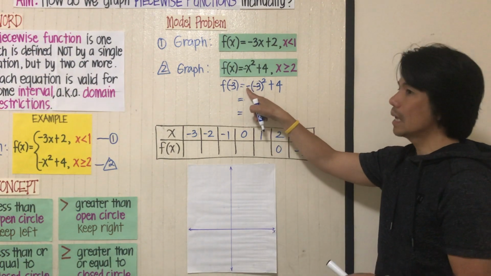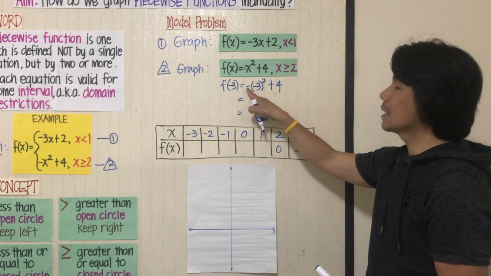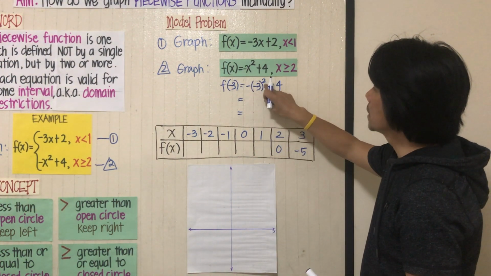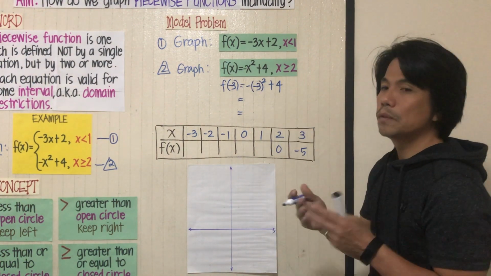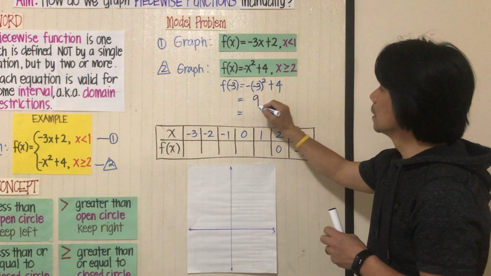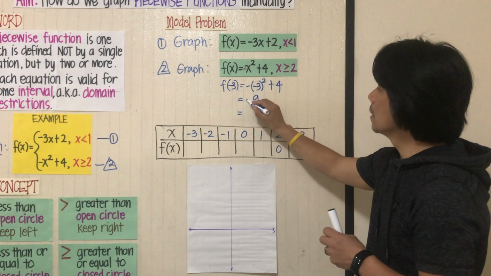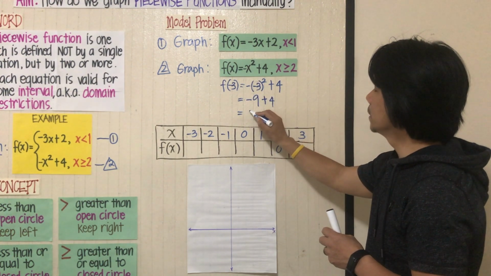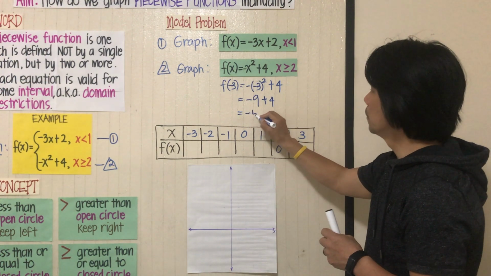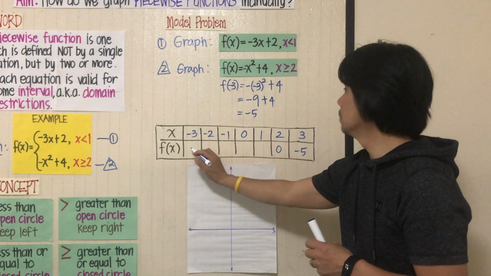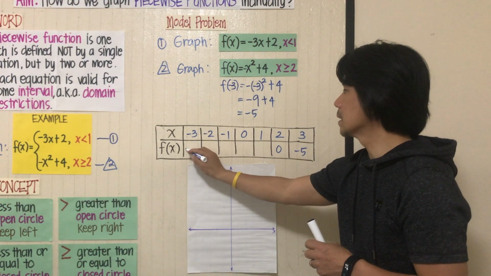Take note, again, we need to keep the negative outside the parentheses. Now, -3 to the second power, or -3 times -3, is still +9. Again, there's a negative in front. Put the negative there, plus 4, and you're gonna get -5. So if x is negative 3, the f of x is negative 5.